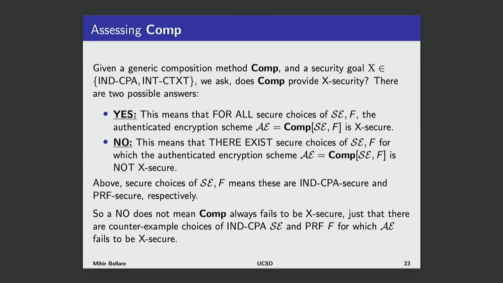And if you answer yes, what you're saying is that no matter what choice of the base primitives I make, as long as they satisfy the security conditions for which they were defined, my new scheme works. So all I need is that this is IND-CPA, this is a PRF, and authenticated encryption will have whichever of these two properties we're looking at. And no means that it doesn't work, but that doesn't have to be true for all choices of the base primitives. As long as you have a counterexample, meaning one choice of SE and one choice of F, which result in this failing, then we are going to declare the composition method to fail.